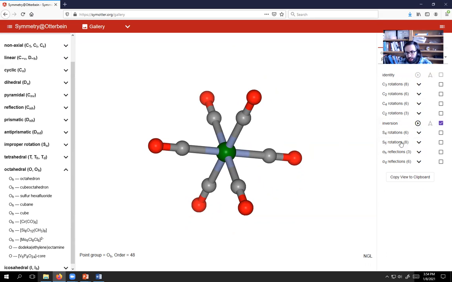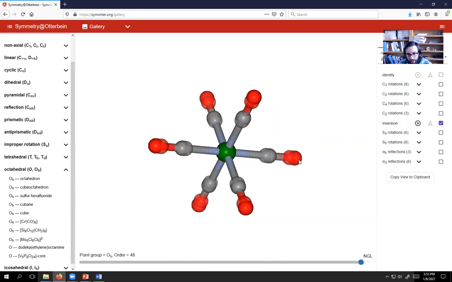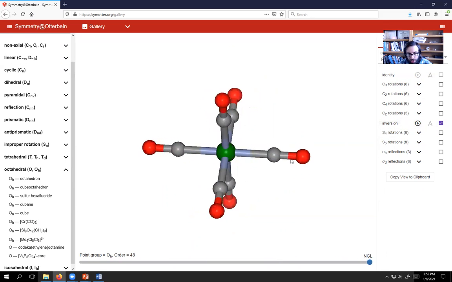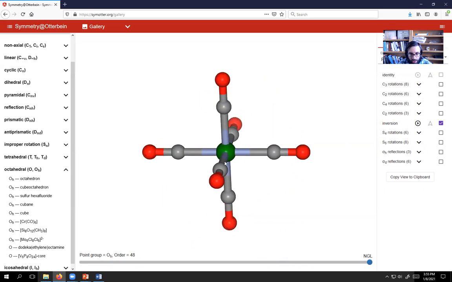Here would be inversion. Remember, inversion takes x, y, z to negative x, negative y, negative z. So you can see they all go through the center, and then they go to the negatives themselves. So this went to there because it's on the right, so it went to the left. The front went to the back, and top went to the bottom.